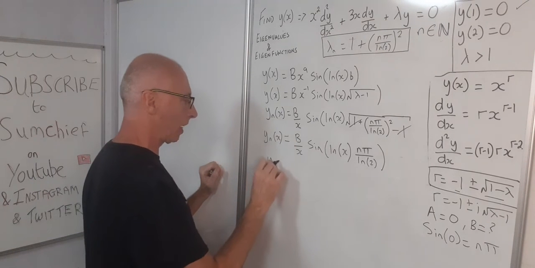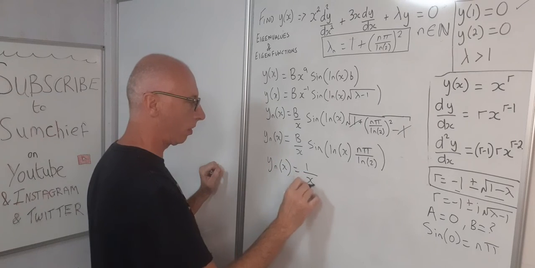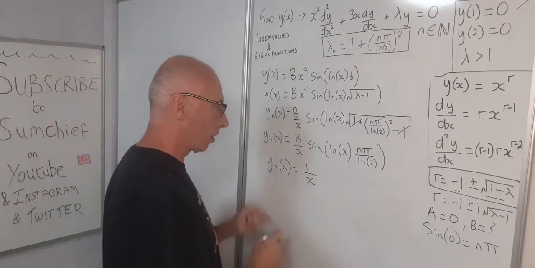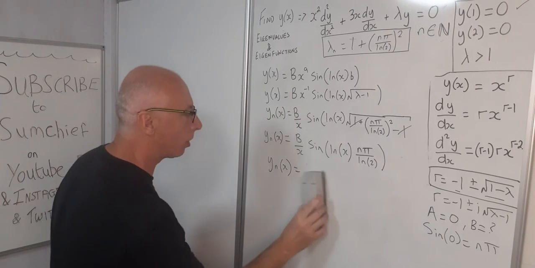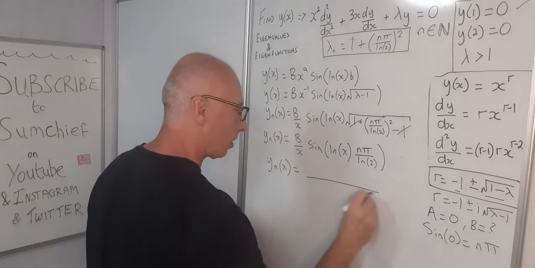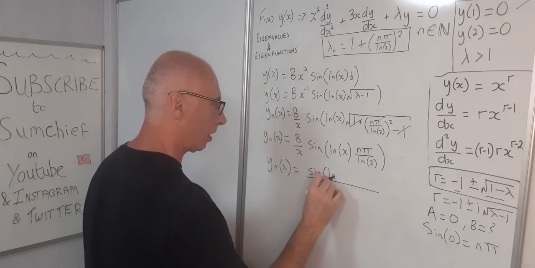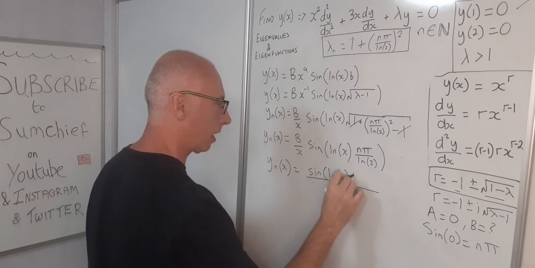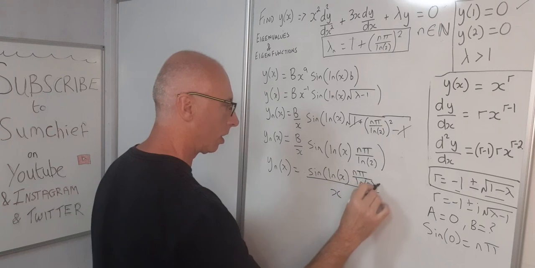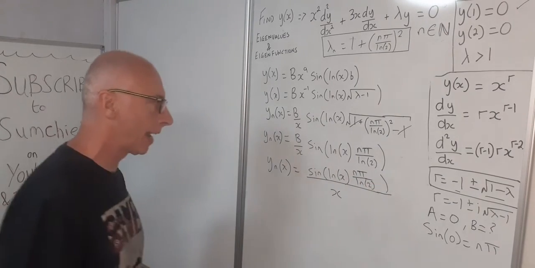So we just want a function here for our y of x. So now we've got y n of x equals 1 over x. So I'm going to rewrite that actually. I'm going to put the x on the bottom and write this function on the top. So x on the bottom, and then I've got sine of natural log of x, n pi over ln 2, and that is our input for our sine, all divided by x.